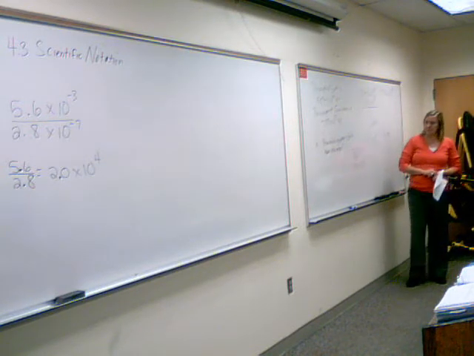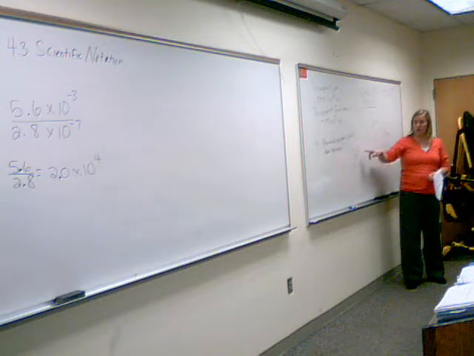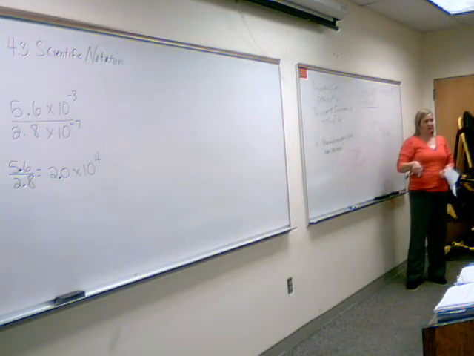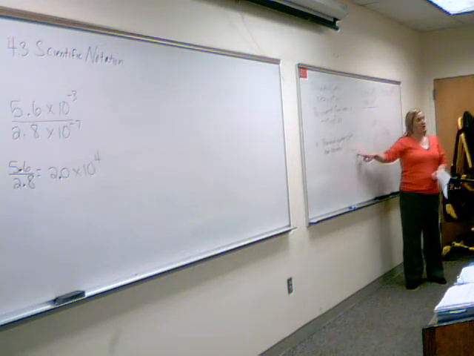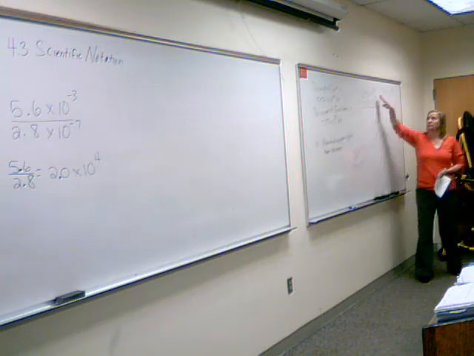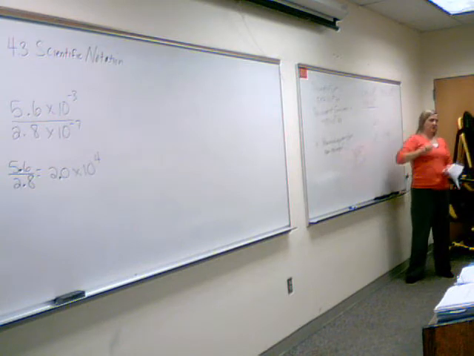So if I have to reverse it, if I have to take these 2 away and go back here, which way did I move my decimal to go back? I had to move it right to go back to my original number. That's what I'm doing here. I'm taking 2 away, so I'm moving it twice to the right.